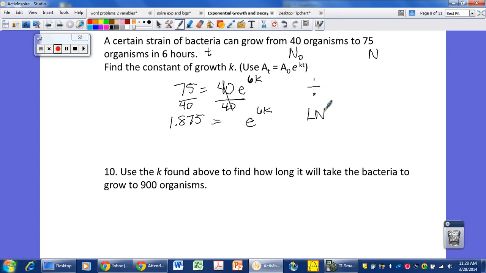Next step, natural log. Okay, over here it cancels out. Over here this gives you some nice decimal, so natural log of 1.875. We'll calculate that in a second when I actually divide it one more time. The last step is to divide, so we divide both sides by 6.